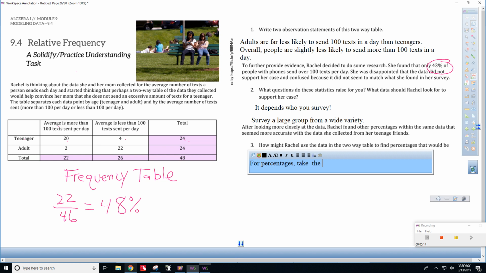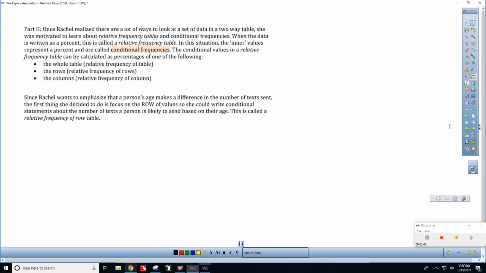Take the subgroup, divide over the large group, and compare the results as percents. So that's what we're going to be doing for the rest of the time. Okay?